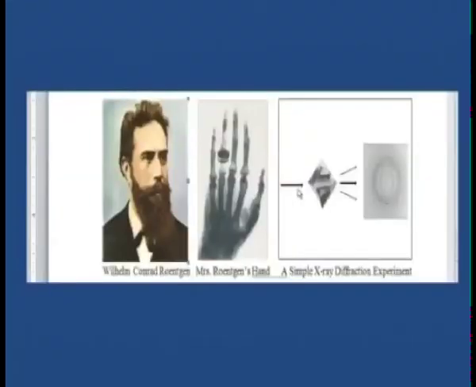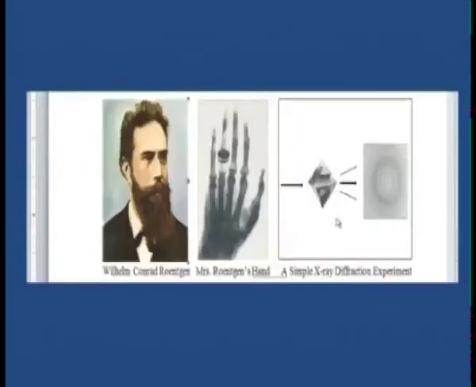Okay. This is a simple X-ray diffraction. You have the electron beam hitting a target, and then you get a diffraction experiment, with diffracted rings, something like Newton's rings that you would have studied in school or at an elementary level in college.